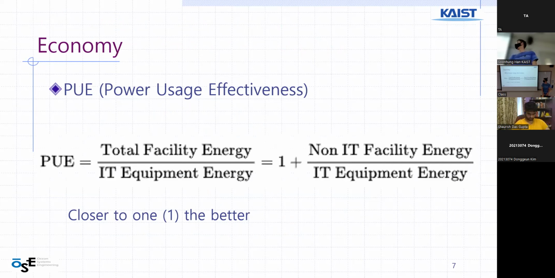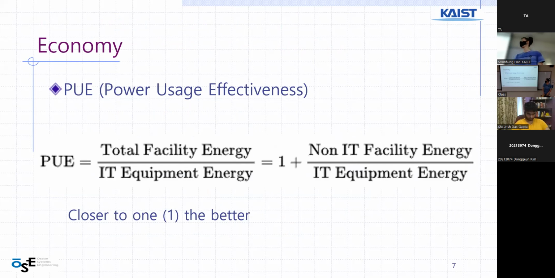Economically wise, we can calculate using the PUE, or power usage effectiveness, which is the total facility energy divided by the IT equipment energy, or equal to 1 plus the non-IT facility energy divided by the IT equipment energy.